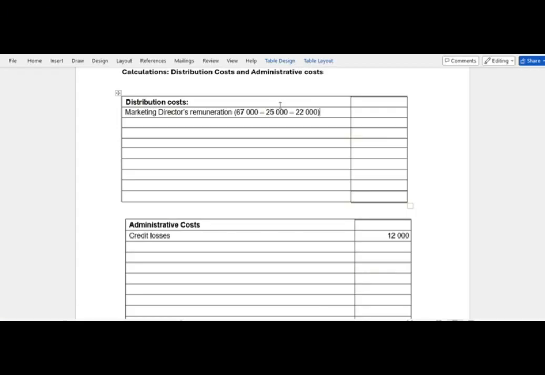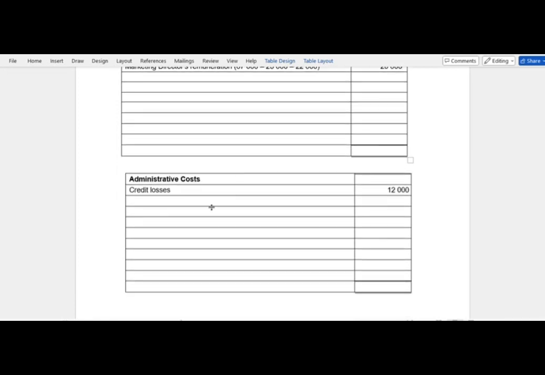So let's put it on our calculators and see how much we have. 67,000, you subtract 25,000, you subtract 22,000. I get a marketing director's remuneration of 20,000.